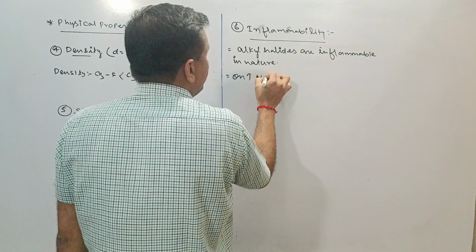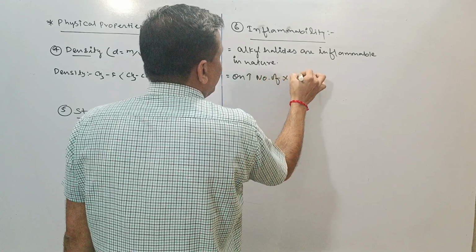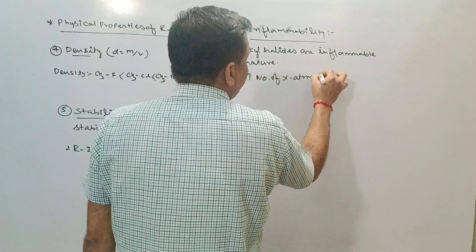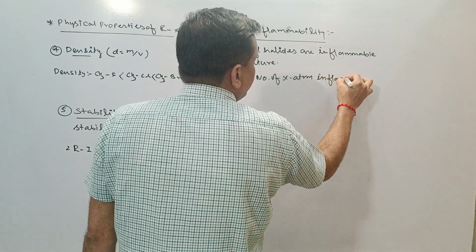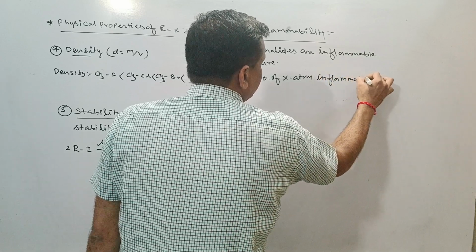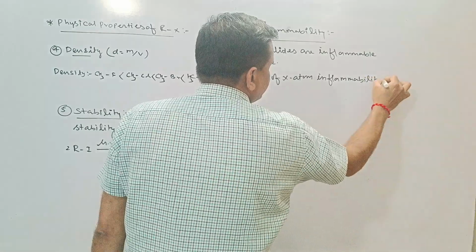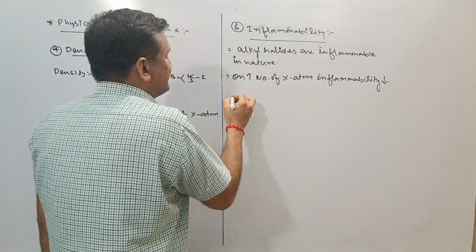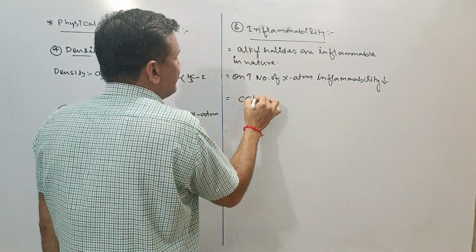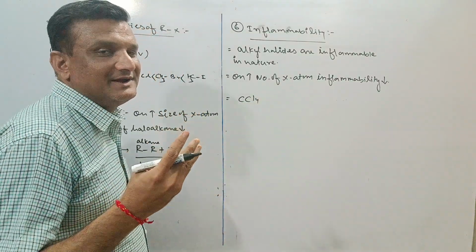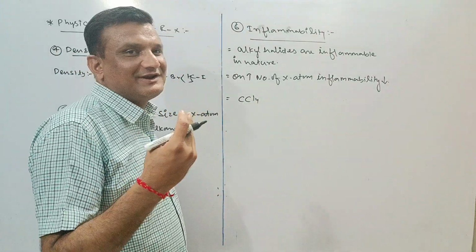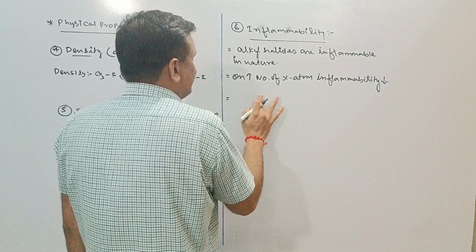On increasing number of halogen atom, inflammability decreases. That's why CCl4 has 4 halogen atoms, CHCl3 has 3 halogen atoms. So we can take the sequence also.